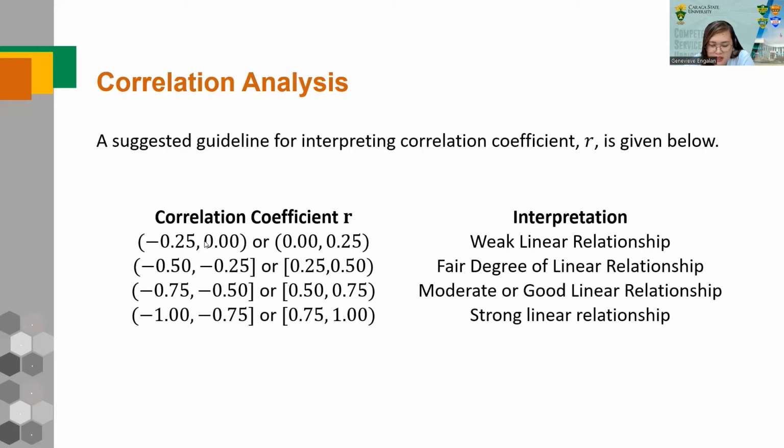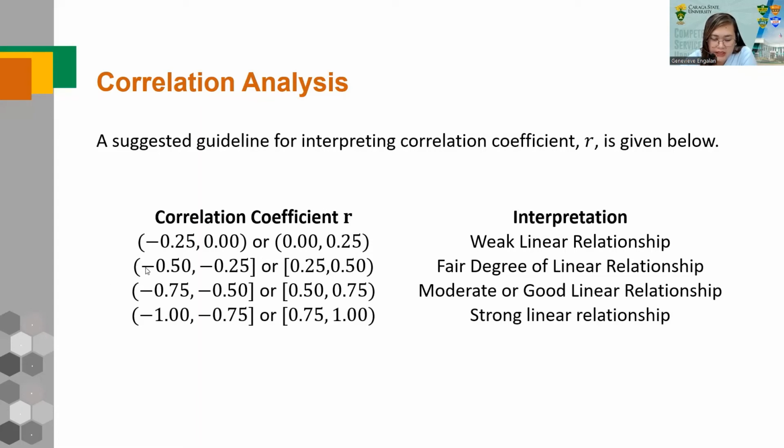So diri negative nga weak linear relationship, diri positive nga weak linear relationship. Pag mo fall diri sa duha ka range or interval, pasabot ani tuod class kining bracket apil si 0.25. So kung negative 0.25, diri ana siya nabilong. So fair degree of linear relationship.